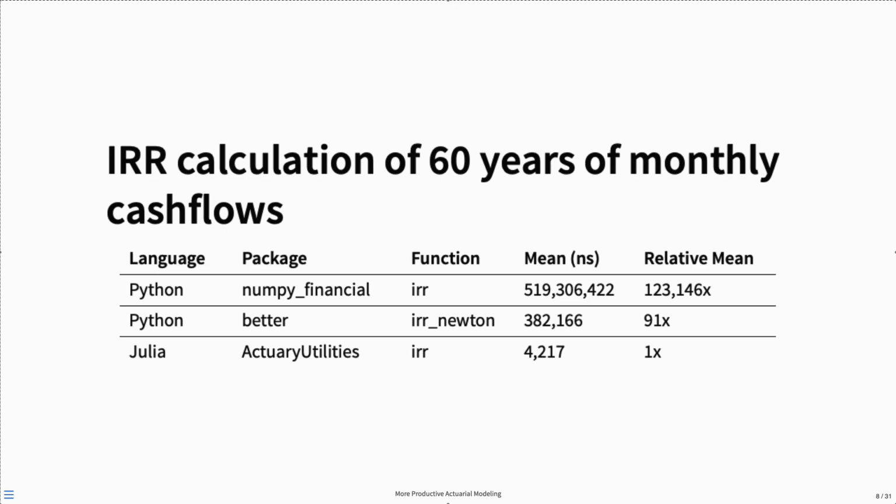That IRR function takes over 100,000 times longer to calculate the IRR than does the IRR function from the Julia library. Python does have an alternate, less well-known library called Better, which implements IRR solve using a Newton-based method, which is only 91 times slower than the Julia implementation.